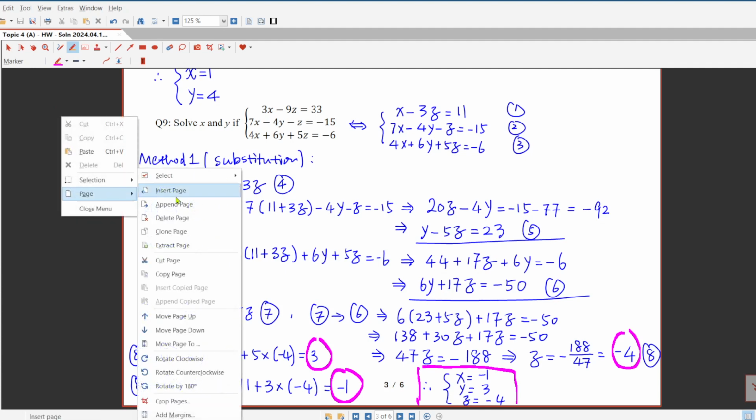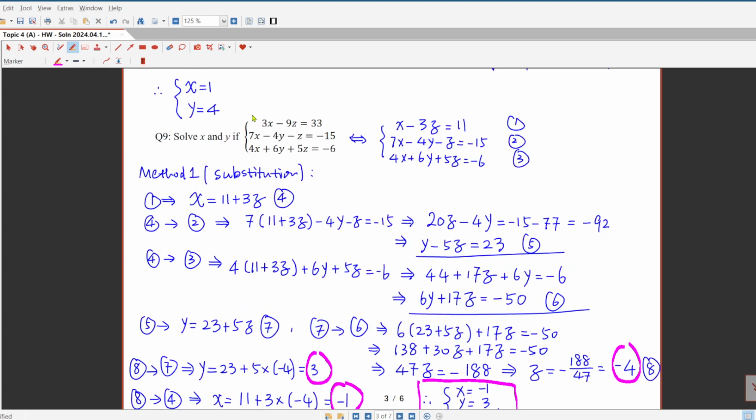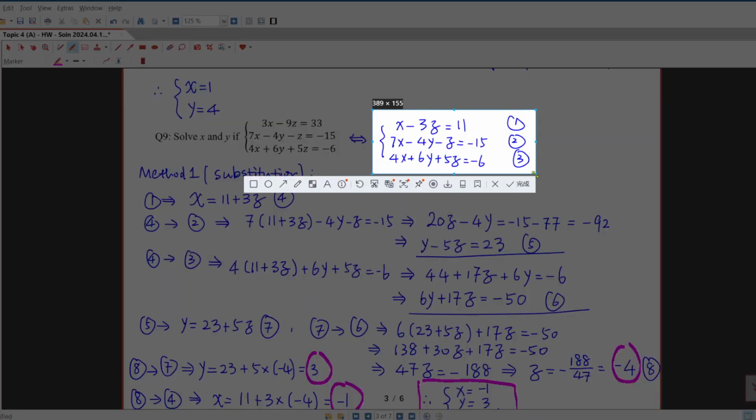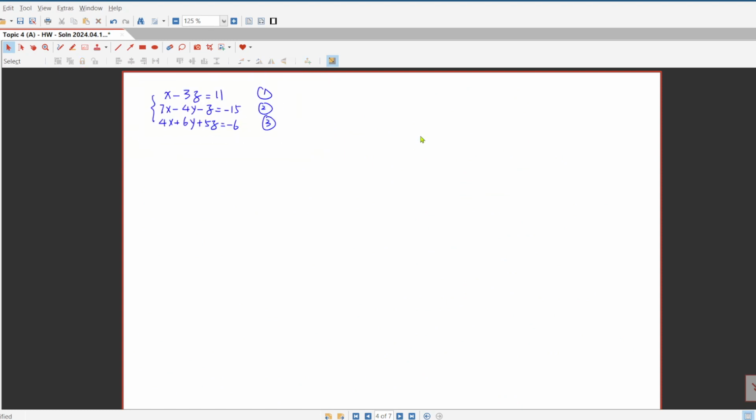And of course, you can also use the elimination method. So let's try to use the elimination method to solve that. First of all, the original equation can be simplified to an equation like this, right? And then let's organize this equation a little bit.